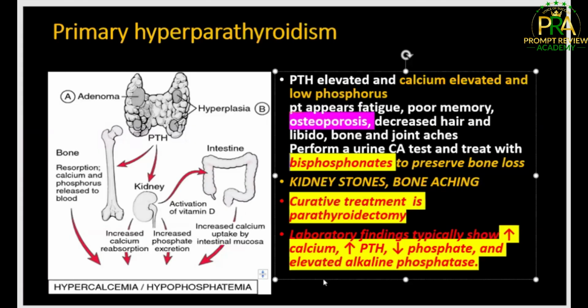Take note of that. And if these people have a high calcium and low phosphorus, we say that surgery, which is parathyroidectomy, is the most definitive treatment. But the medication they can give them is bisphosphonate. So this bisphosphonate will help to preserve bone loss.